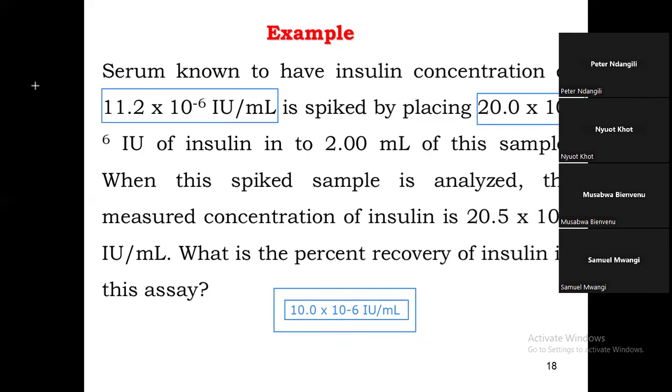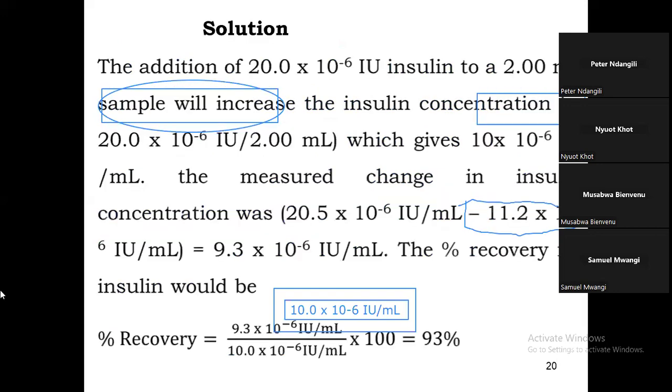For us to do that, we need to take this value here, which is the concentration after spiking, and we subtract this value here, which is the concentration before spiking. That is going to give us the detectable concentration after spiking. And what we are finding is shown here.